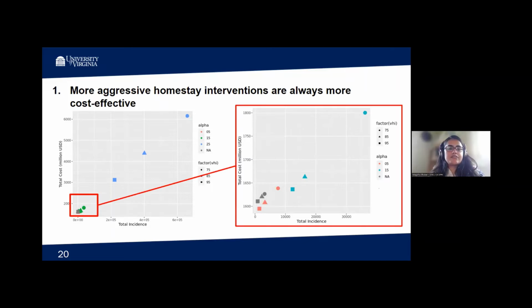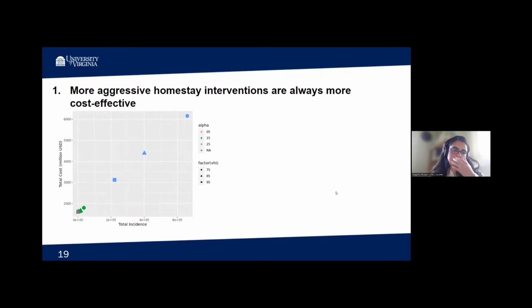Let's see, the first one, I'll talk about what the different axes are first. On the x-axis, we have total incidence for each of the different scenarios, and the y-axis is total cost in million US dollars. We do see that when alpha is really high, so this is when extremely low immunization scenarios, the ranges are crazy.